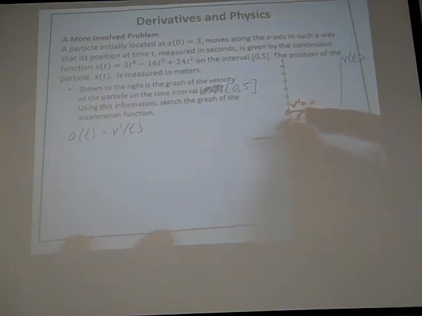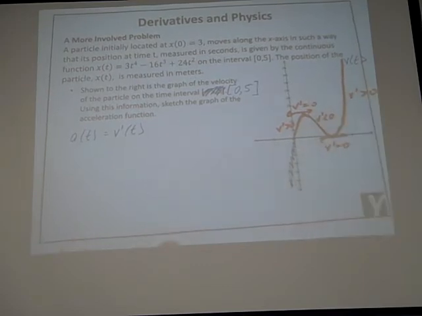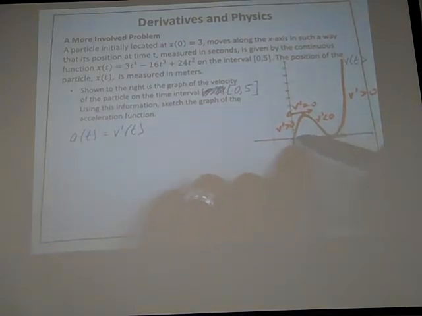Over here, my velocity is increasing, so the derivative is positive. Over here, the velocity is decreasing, so v prime is negative. This guy is increasing, v prime is positive. So I need a graph that is going to be positive, then 0, then negative, then 0, then positive.